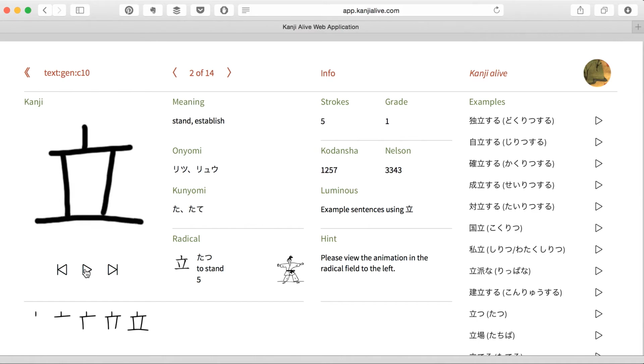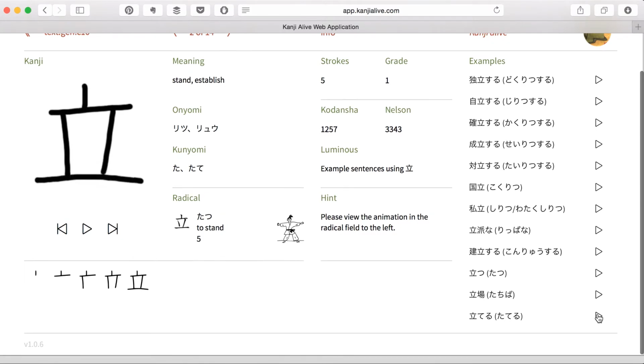The onyomi is ritsu or ryu, and the kunyomi is ta or tate. So tatsu, the kanji tatsu, to stand up. Tateru, to build, or just stand something up.